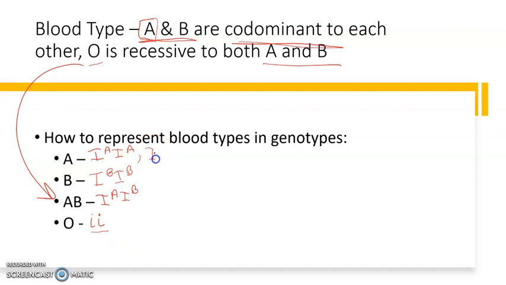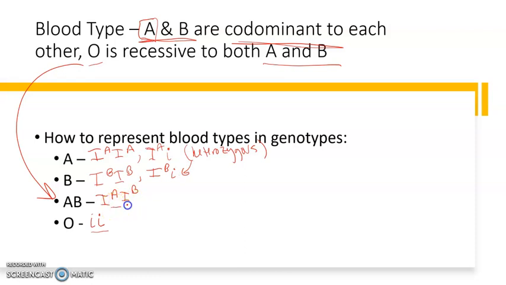Now, because these little i's are recessive, if you are blood type A, you could also potentially be I^A, little i. So this would be heterozygous for type A. If you're type B, you could also be I^B, little i, and that would also be the heterozygous genotype for type B blood.